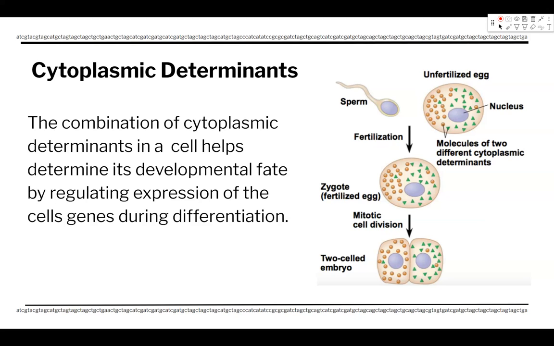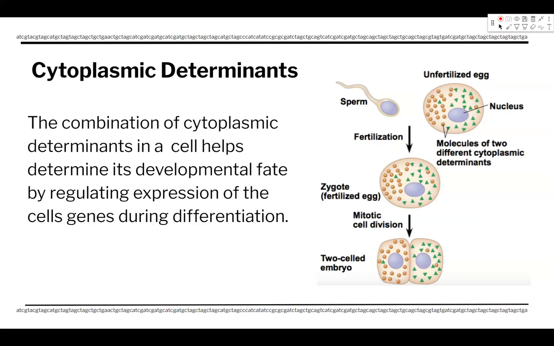So right here, we've got our unfertilized egg, right? We've got these little triangle molecules, we've got these little spherical molecules, and there are way more than just two, but this diagram does this relatively simply. After that, that egg is fertilized, we've got a zygote, and then it will undergo its first mitotic division, split into two cells.